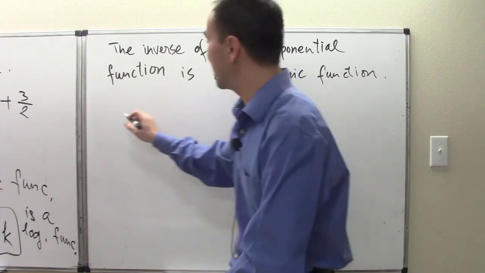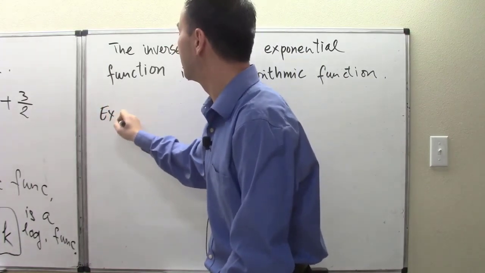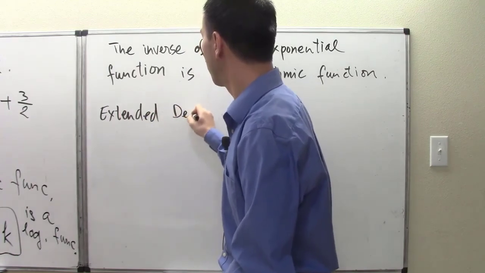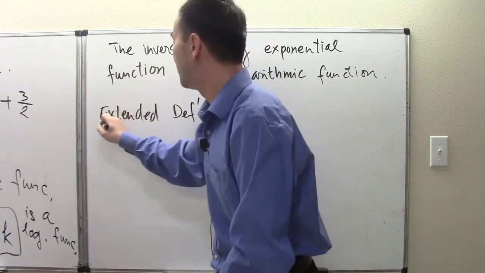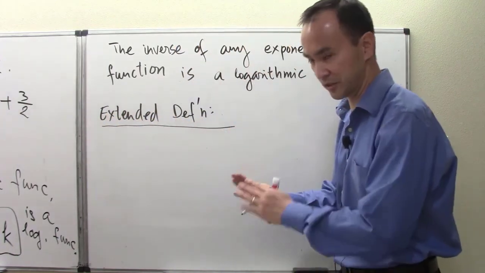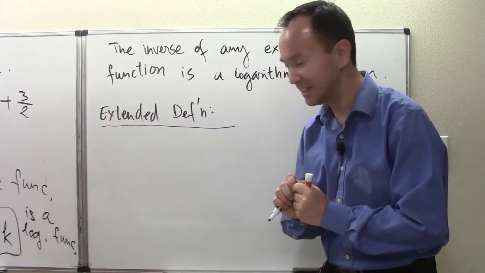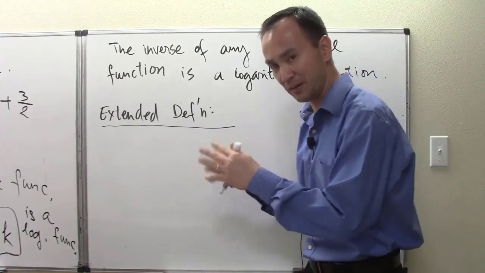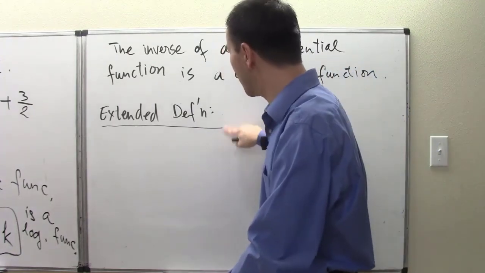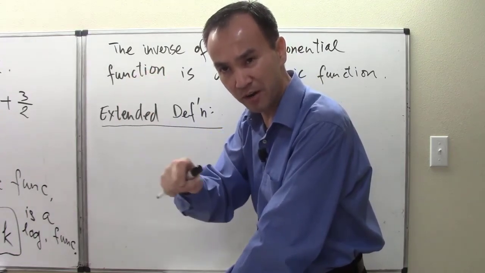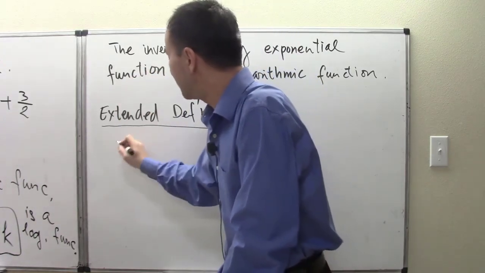So in that way, we come to an extended definition. All right, so here's the formal wording. It's just the exact same version I put in a box on the other board earlier, but now I'm going to write it in informal wording right here as an extended definition of what it means to be a logarithmic function.